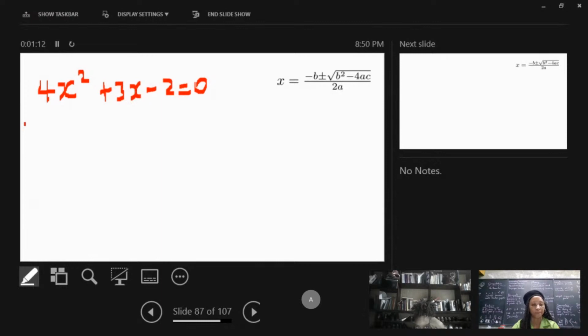Okay, so since it's already in the form ax squared plus bx plus c, we're going to put in the quantities.